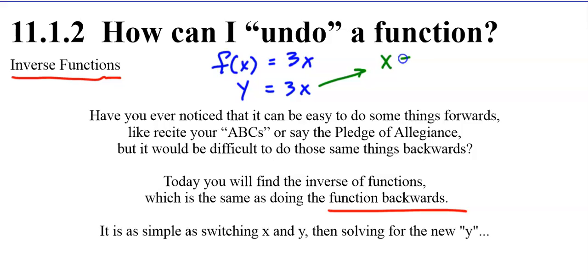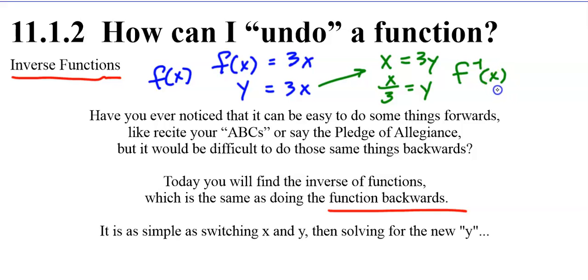So we would have x is equal to 3y, and then you solve for y, which gives x over 3 equals y. This is the inverse function of this. So if the original function is f of x, this then becomes what's known as the inverse function of x. And that's kind of what we're talking about today.